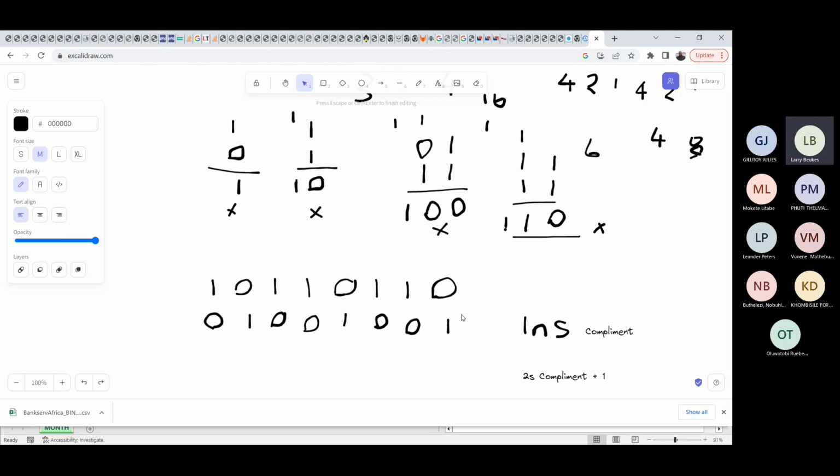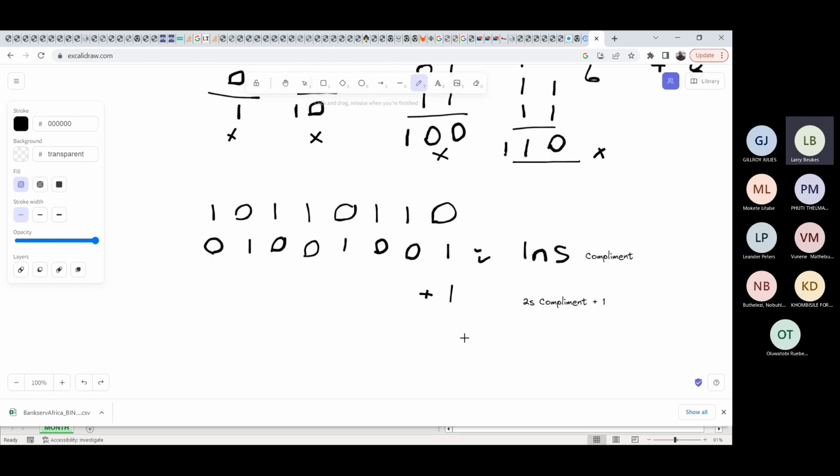So when you convert something to 2's complement, you need to first convert it to 1's complement. Then you get your marks here, right? Then you add a 1 here. When you add a 1, we know that you are converting it to 2's complement.